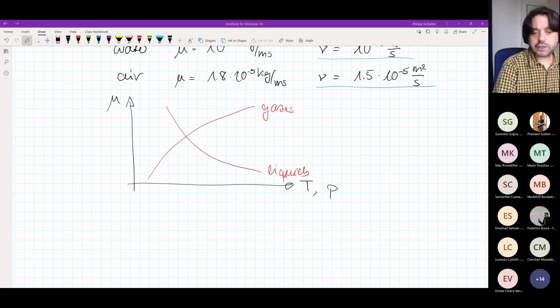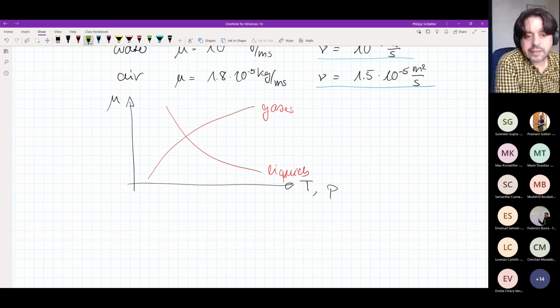So now it just remains to discuss a little bit why this is the case. If you think of gases, if the temperature goes up, you would have much more fluctuations or motions of the various molecules with respect to each other.